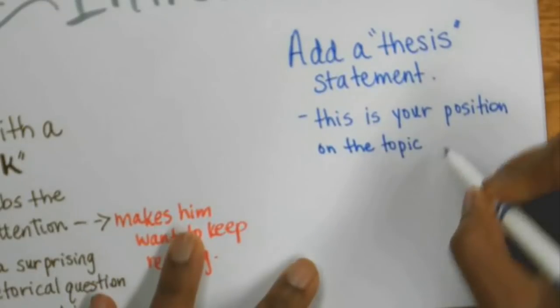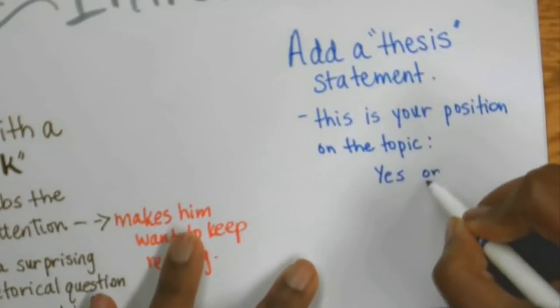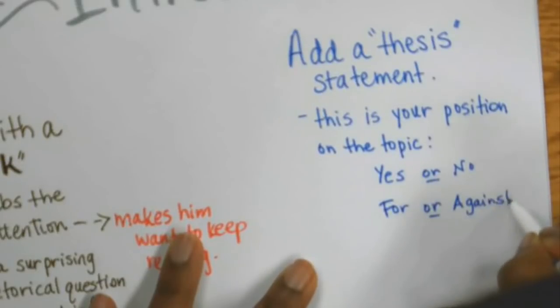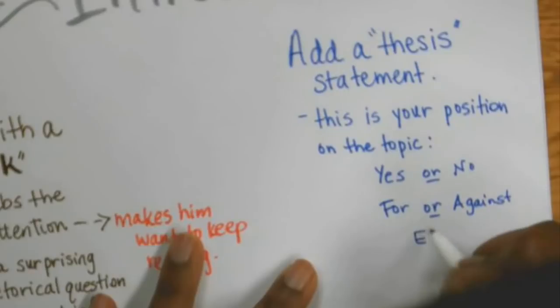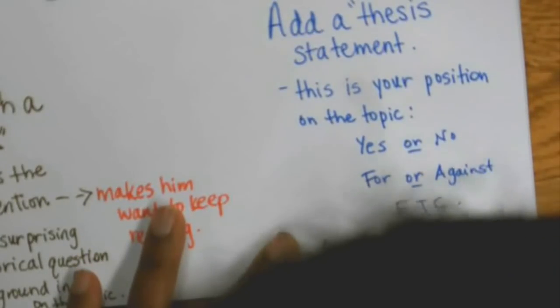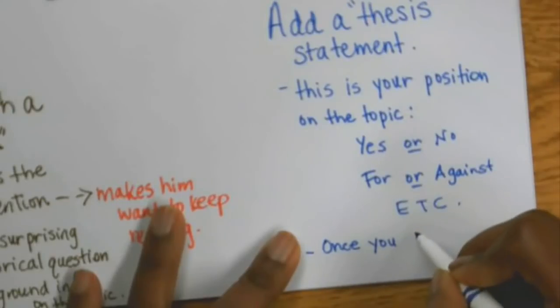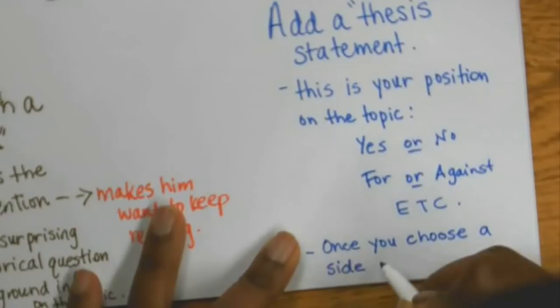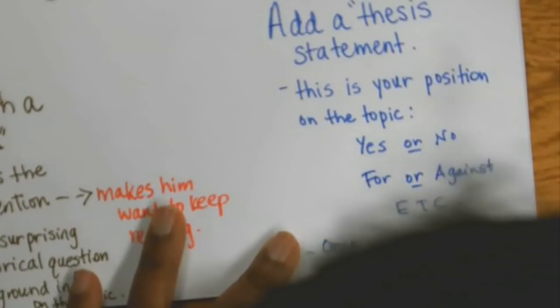Once you choose this side, stick with it. There should be no floundering back and forth because that would weaken your argument. So choose a side, stick with the side, and state it in your introduction. So these two things together will combine to make a pretty decent introduction, a hook and a thesis statement.